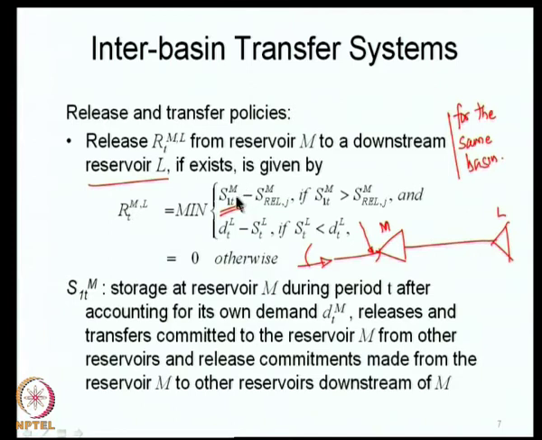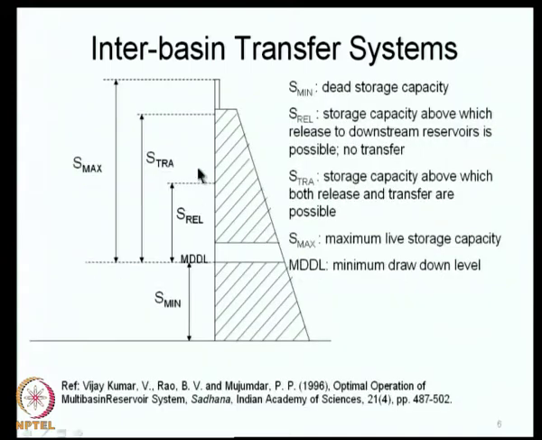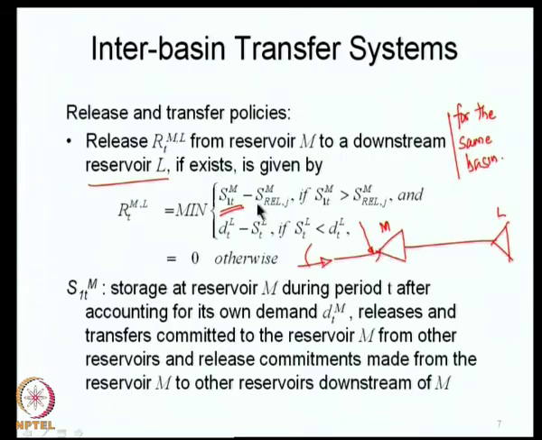So, you may make a minimum release from reservoir M to reservoir L to meet its own demands or whatever excess water that is available, out of that whichever is the minimum. And this 0 otherwise means that if neither you are in that zone or there is no deficit here, then you do not have to make any release, you do not make any release in fact. So, that is the idea.